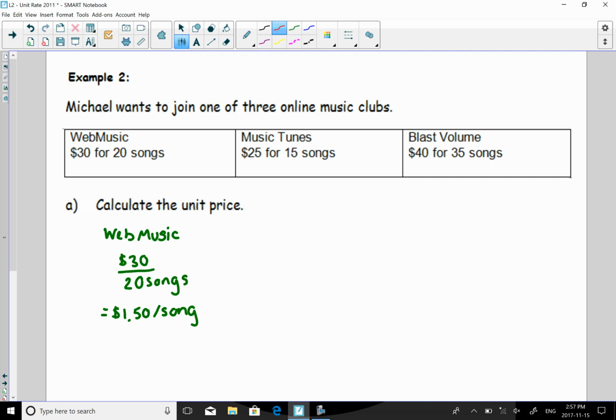Let's calculate how much Music Tunes charges for one song. So if I divide $25 by 15 songs, I get $1.60 per song.